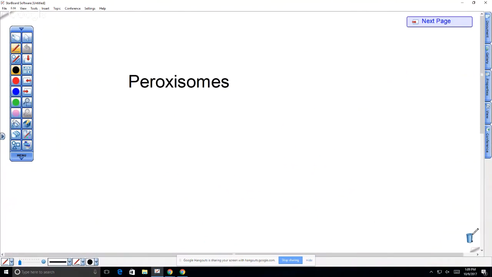Okay, there is another type of digestive organelle, which is called a peroxisome. You might be familiar with this idea, peroxide, because we can talk about what is called hydrogen peroxide. Hydrogen peroxide is named because there is one hydrogen for every oxygen.